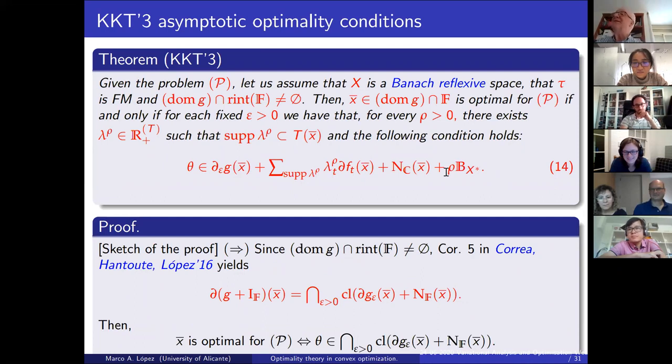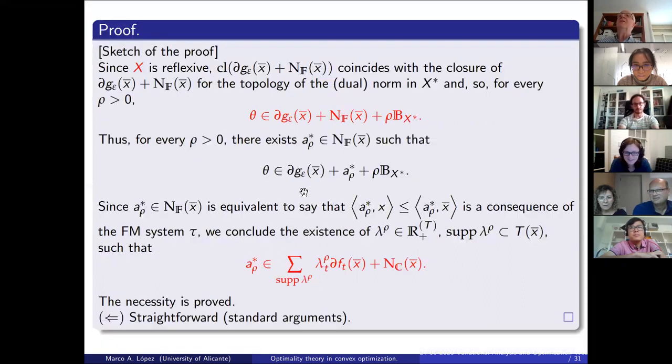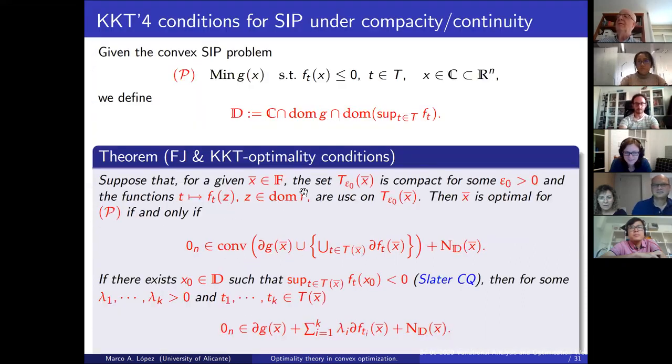Please. So Oliver has a question. So should I read it or do you ask directly? Yes. Hi, Marco. Thanks very much for the nice talk. My question is on KKT4, where you claim that optimality is characterized by the Fritz-John condition, which confuses me a little.